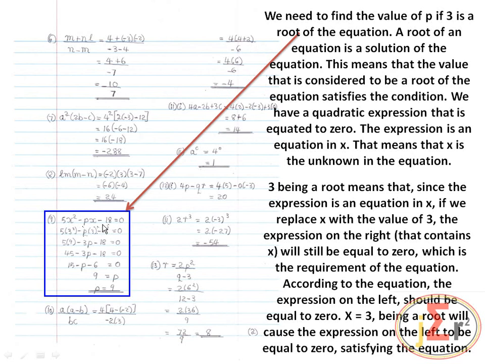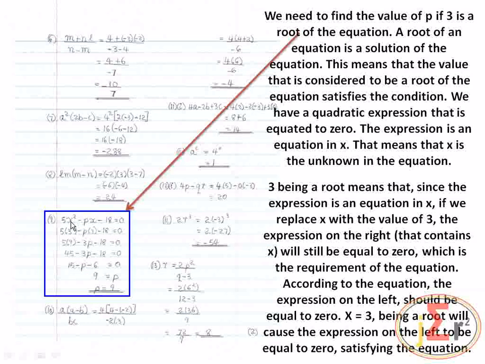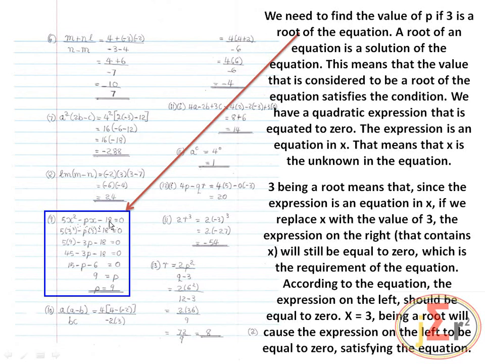X being equal to 3 is a root. So if x equal to 3 is a root, when we substitute 3 into this equation, the result on the left will still be equal to 0. And that is what it means to be a root.